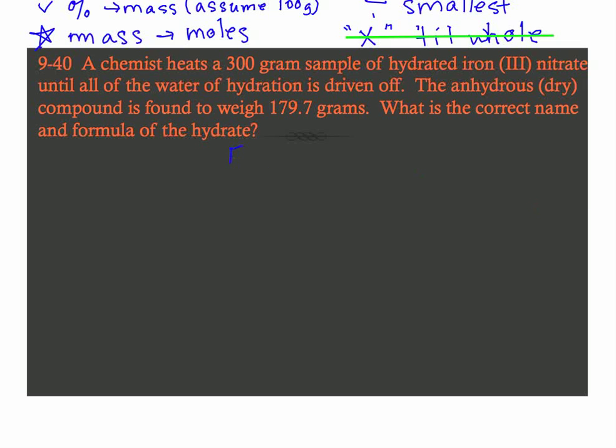So I've got Fe, FeNO3, dot some number of waters. At our level, we are always going to have one of the salt to some number of waters. And 1 to X is a mole ratio. It could be a formula unit or molecule, but we're past that now.